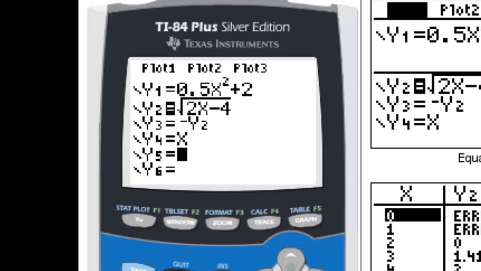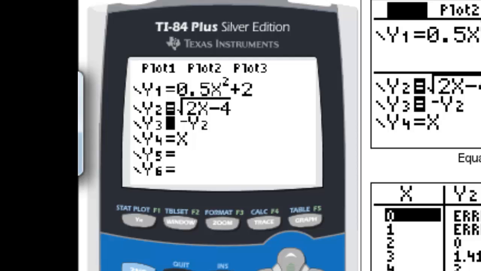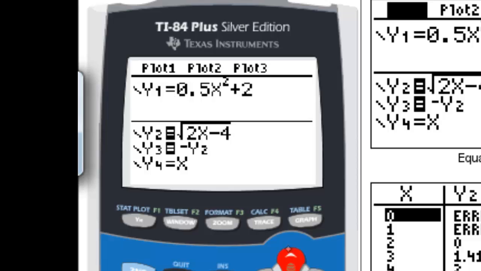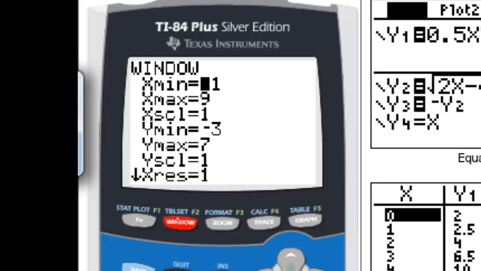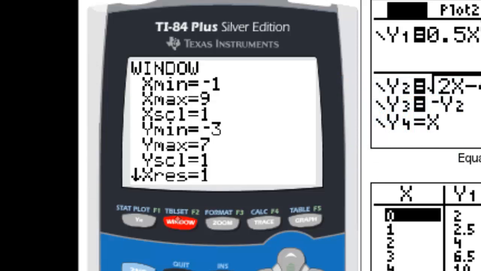Let's plot the function and its inverse. Right now, let's look at the graph.